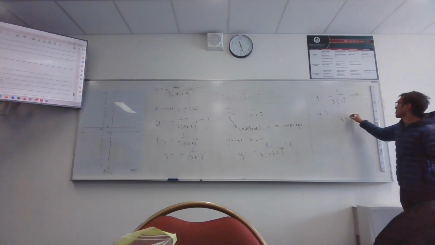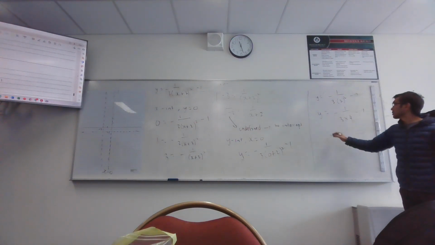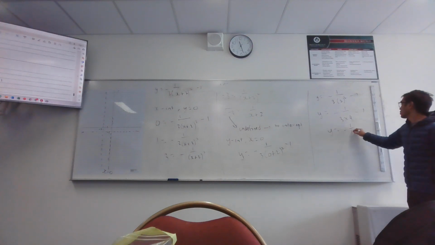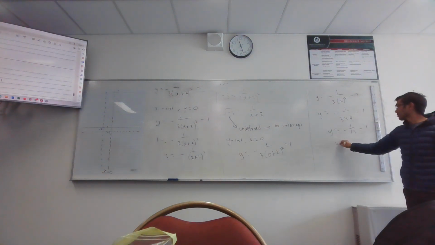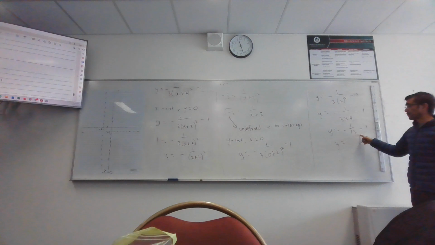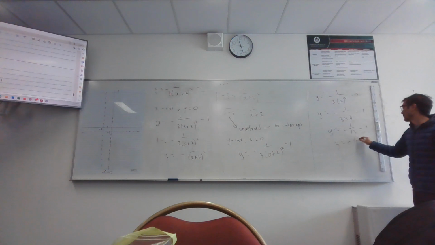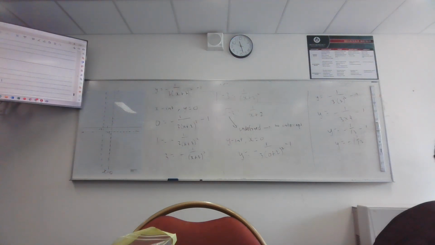Negative 1 on 3 times 4 minus 1. I hope I'm doing this right. Negative 1 on 12 minus 1. Okay. Negative 1 on 12 minus 1 is? Negative 1 on 11. You just put them together.